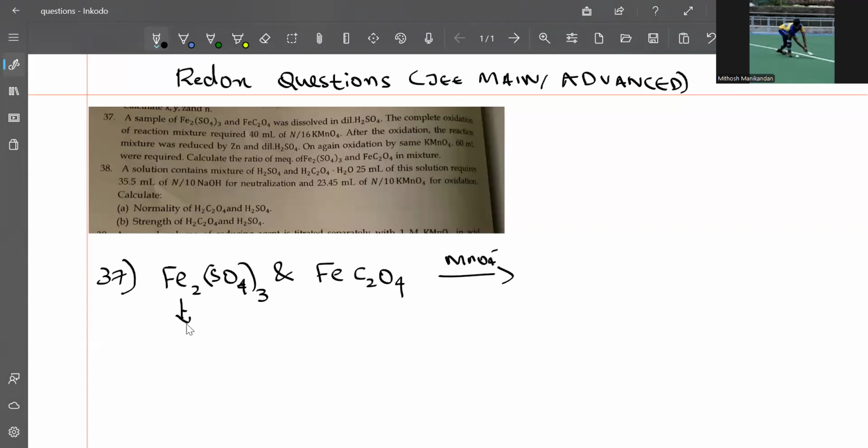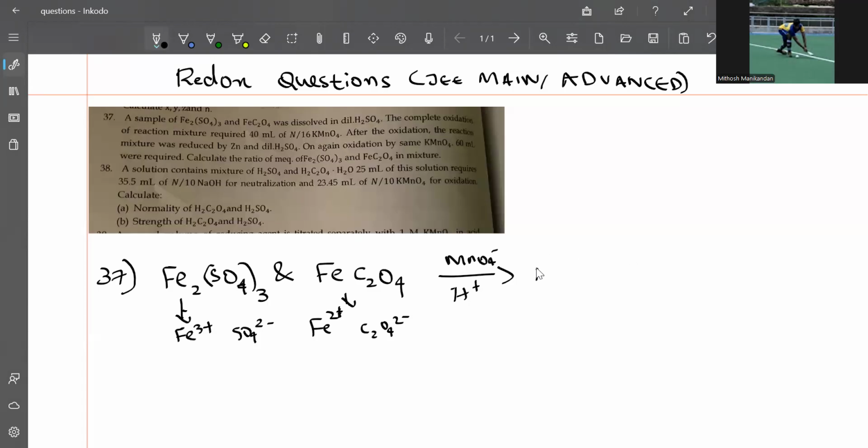So here you have Fe3+, SO4 2-, and you have Fe2+ from here, C2O4 2-, right? So MnO4, this is an acidic situation.